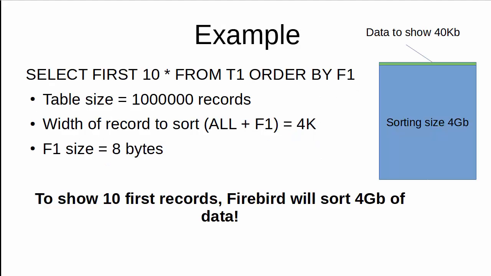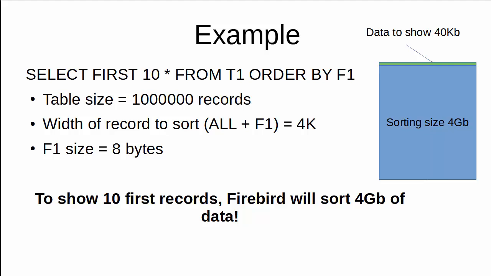Now let's consider the following example, when we have a query which sorts a lot of data but returns only a fraction of this data. In this example, you can see that table T1 consists of 1 million records. Each record is 4 kilobytes. The size of key field F1 is 8 bytes.